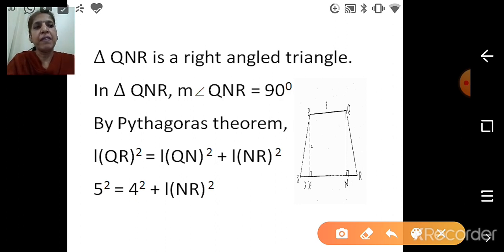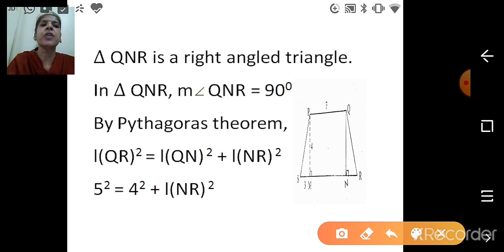Now here we have another right angle triangle. You can see here, children, here is another right angle triangle, and the name of this triangle is triangle QNR. It is a right angle triangle. And in triangle QNR, our 90-degree angle is N, this one here.